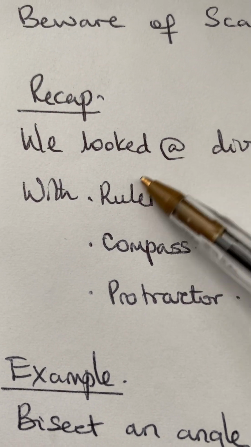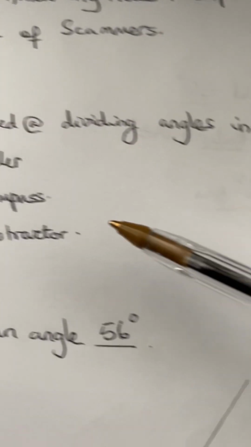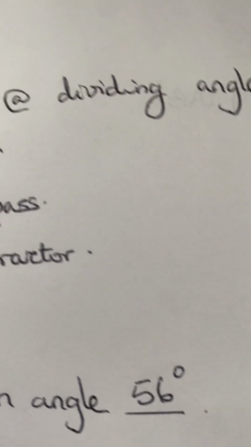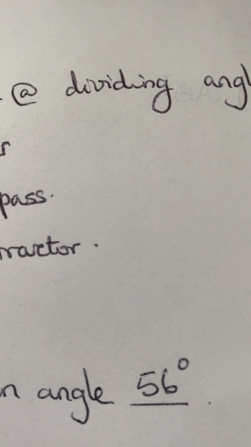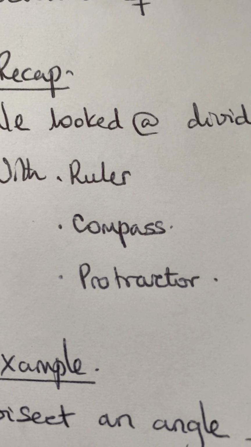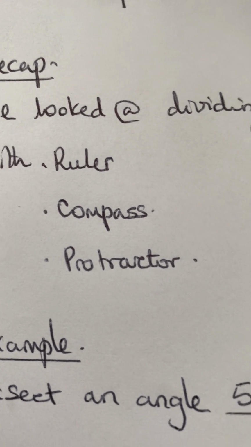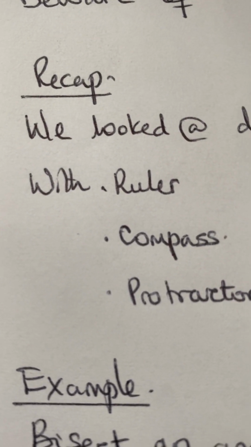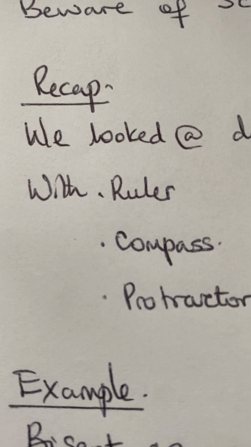Recap. Last lesson, we looked at dividing angles into equal parts. So if you've been given an angle like 50 degrees, how do you divide it into 2 equal parts, maybe 25 and 25?